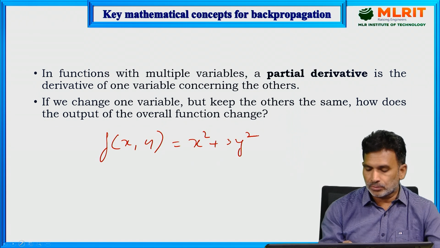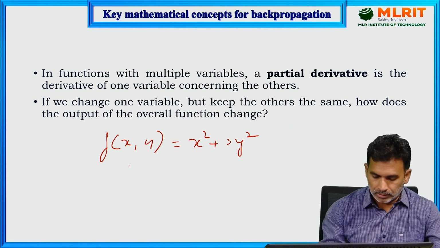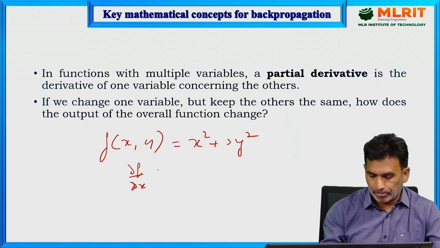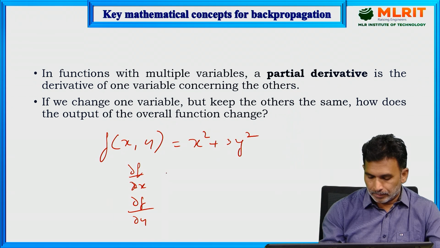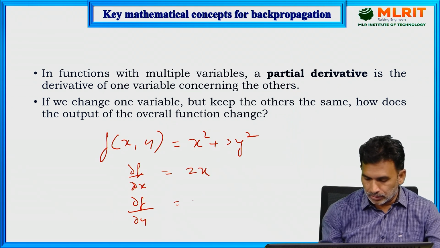So the derivatives to this, df by dx, that is with respect to x, and also with respect to y, that is equal to 2x, and here it is equal to 6y.